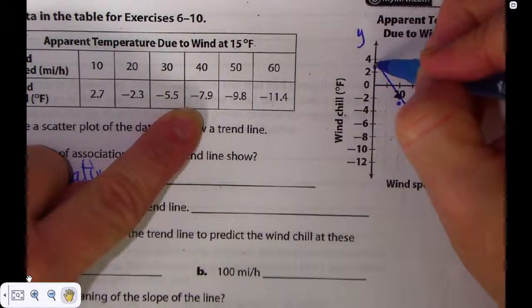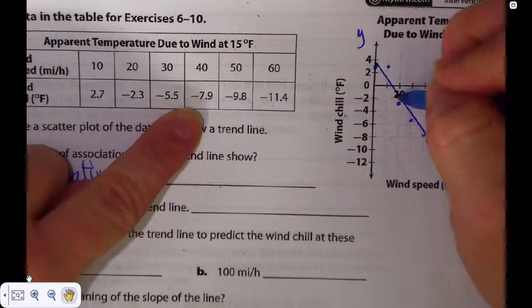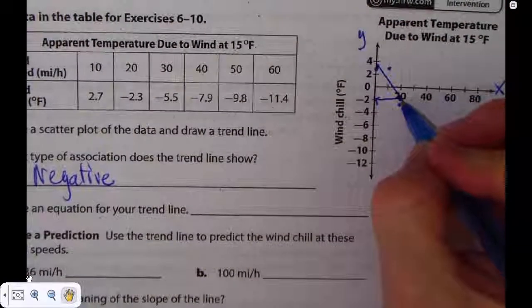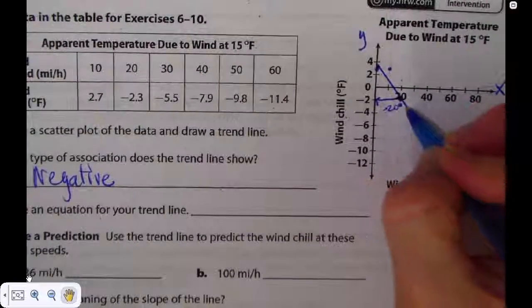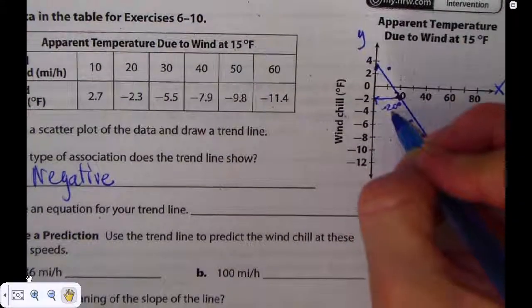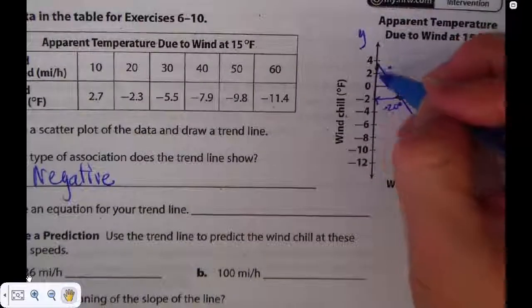0, 3, maybe. Okay, so let's go over how many? From negative 20 to 0, that's going to be negative 20. And then we're going to go up.